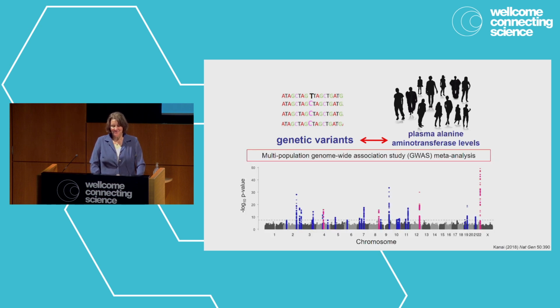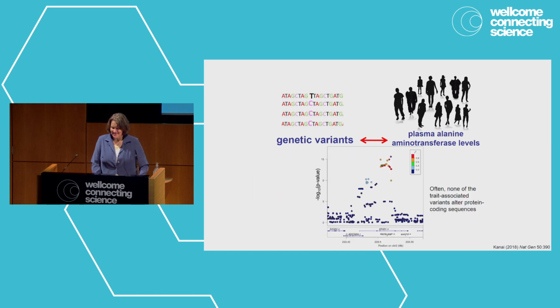For example, if we look at genetic variants associated with plasma alanine aminotransferase levels, we can observe a genome-wide association study analysis where the variants on these plots show evidence of association with variation in alanine aminotransferase levels.